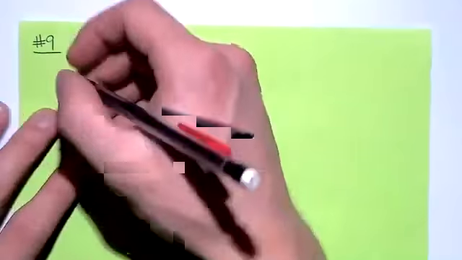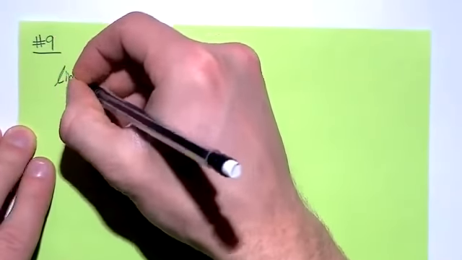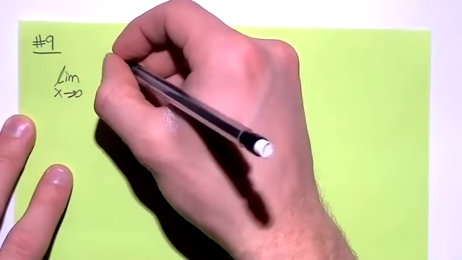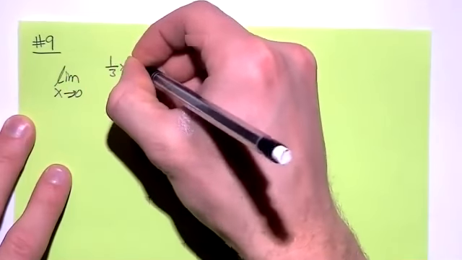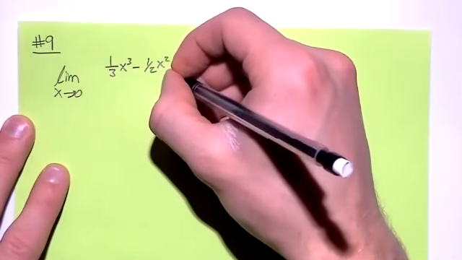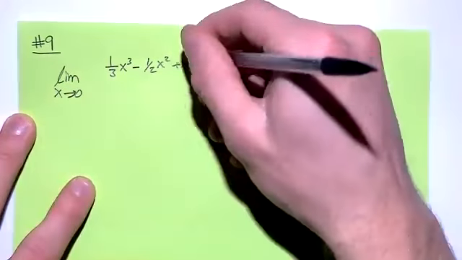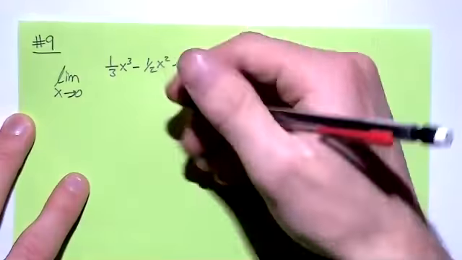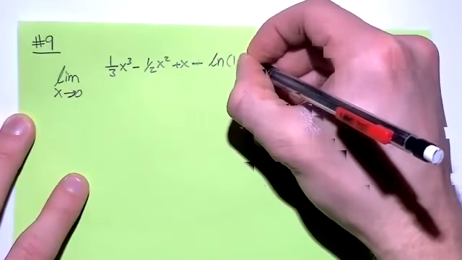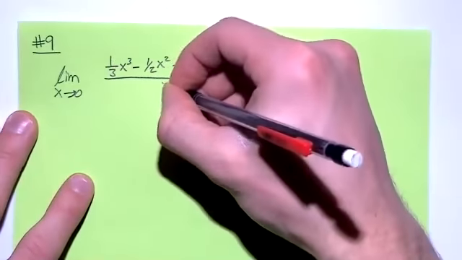It's a fun one. So I was given the limit as x approaches 0 of a nasty looking thing, 1/3 x cubed minus 1/2 x squared plus x, minus natural log of 1 plus x, all divided by x to the 4th.